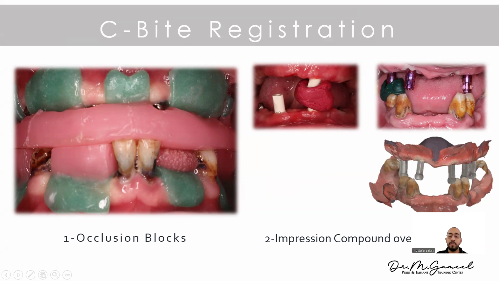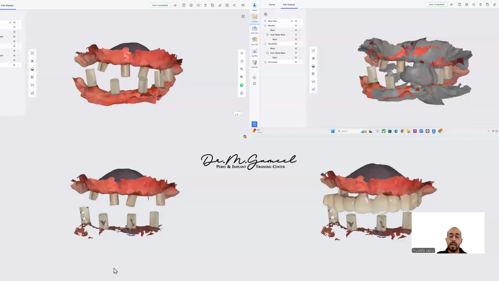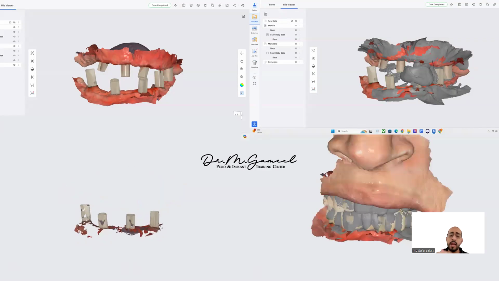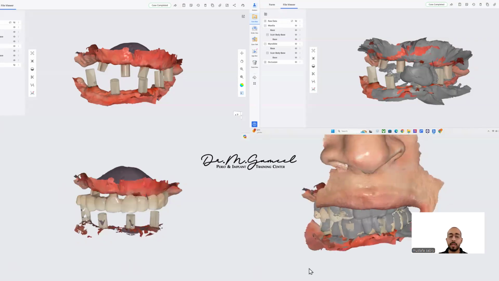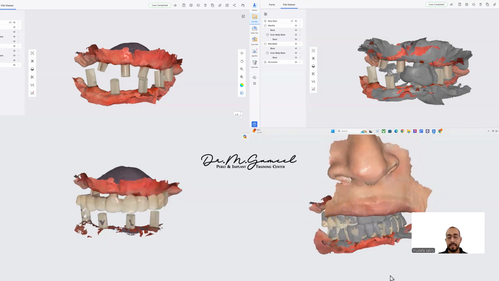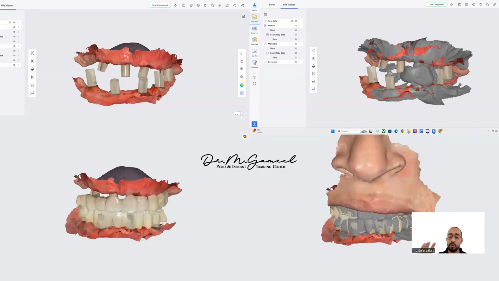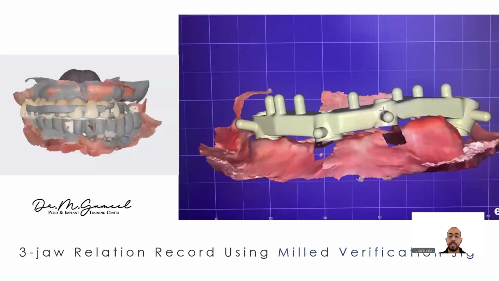You can very easily record the bite or the jaw relation for your patient, or to be honest with you, at least I'm recording the vertical dimension. I cannot say that it is a centric relation, but at least you have something to start from by doing a temporary, and with a temporary you can fix some of these problems.